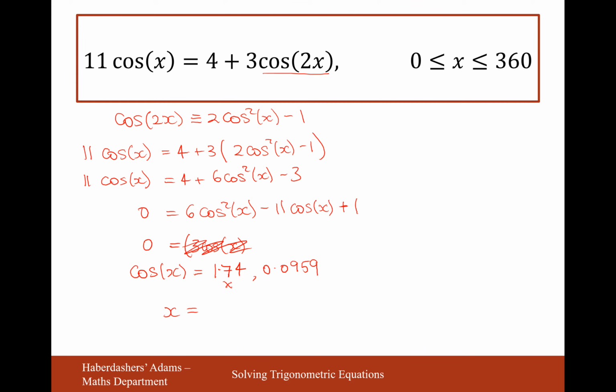So cos inverse answer, and that's going to give us 84.5. And then the next solution is going to be 360 minus that, and that's going to be 276. So there we are, those are the two answers for this question.